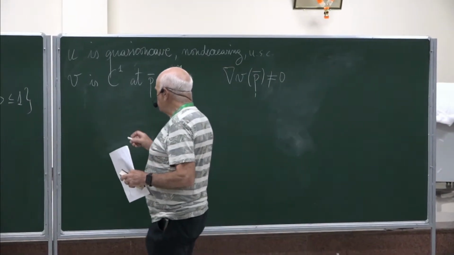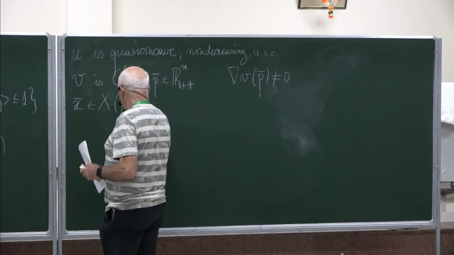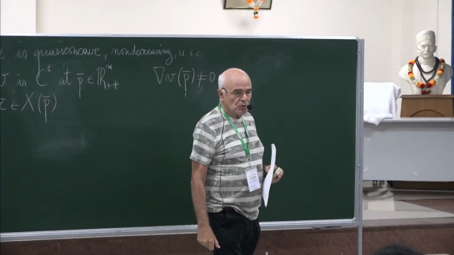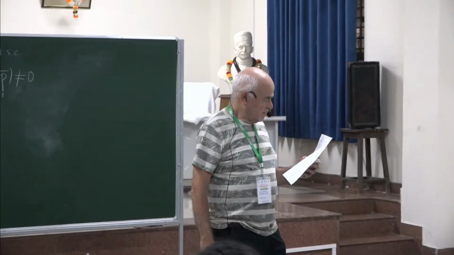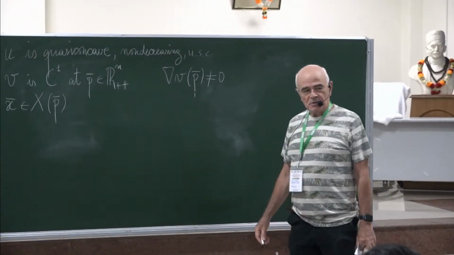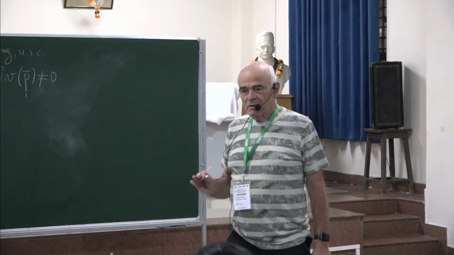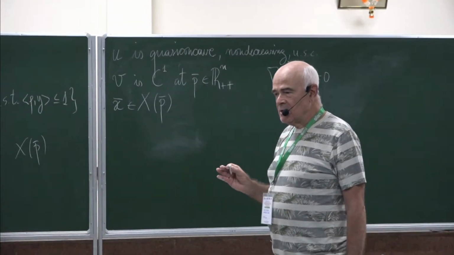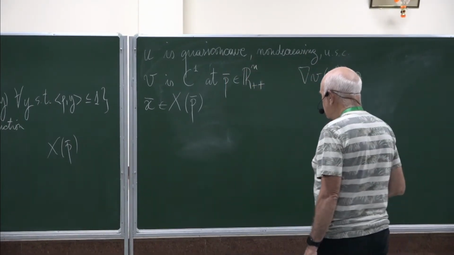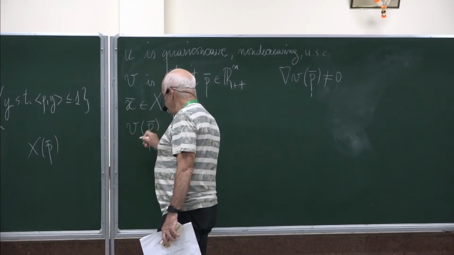Now, under this condition, what is an element X bar in the demand set corresponding to P bar? And here comes the crucial observation. Here comes the trick. How we move from maximizing U to V. What is V of P?